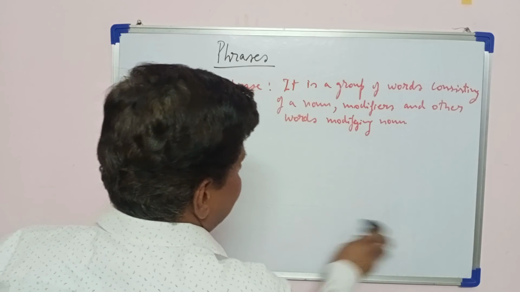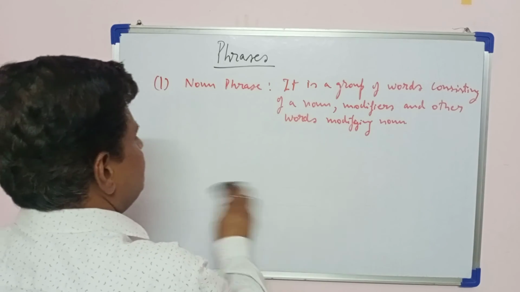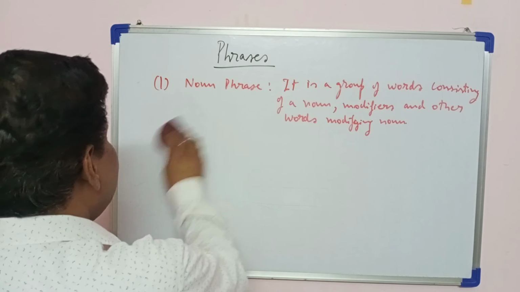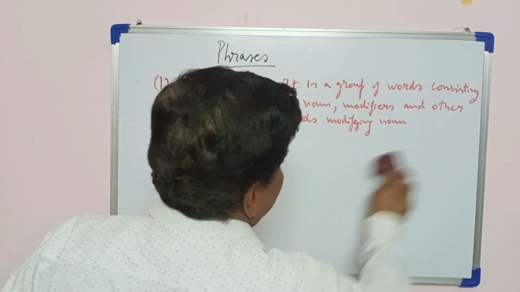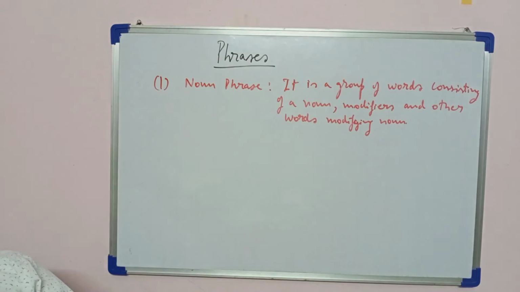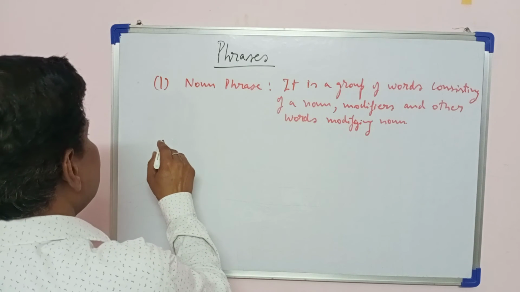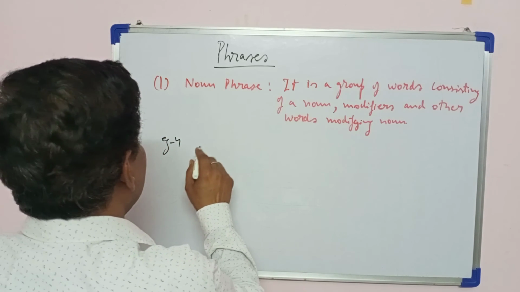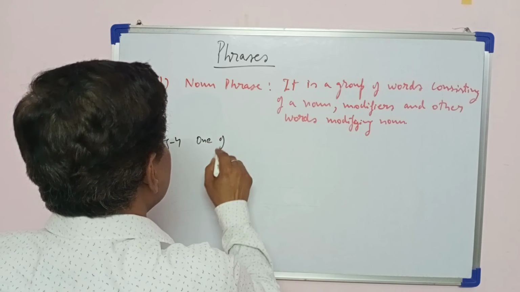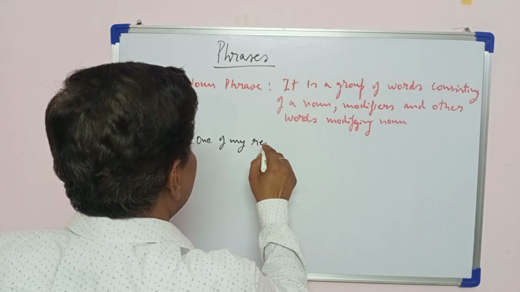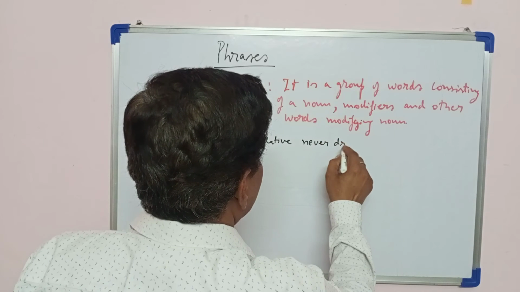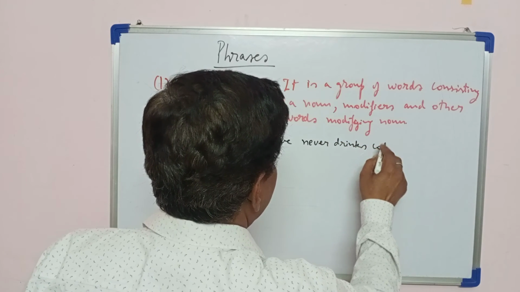A sentence may have more than one noun phrase also. Let's understand one more example where a noun phrase is used as a subject. So let's see. This is the fourth example. One of my relatives never drinks coffee.